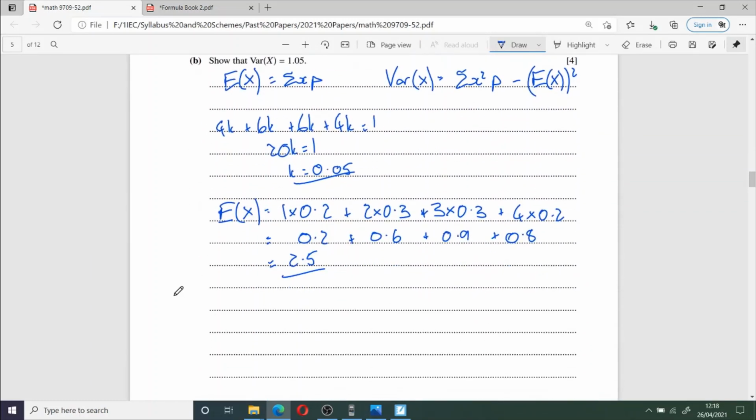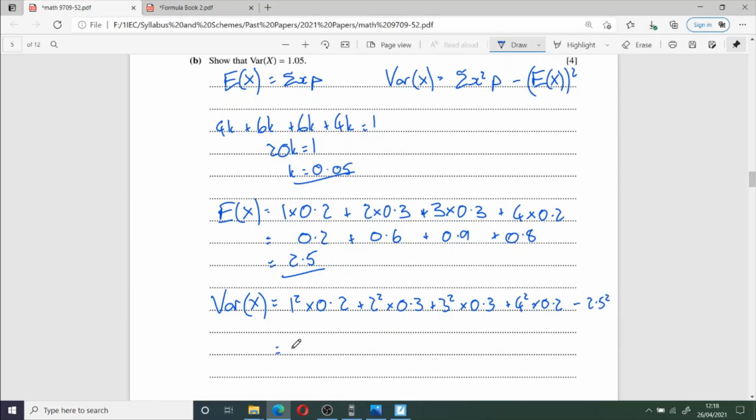Now let's work out our variance. So the sum of x squared p. So 1 squared times 0.2 plus 2 squared times 0.3 plus 3 squared times 0.3 plus 4 squared times 0.2, and then we're going to subtract 2.5 squared.